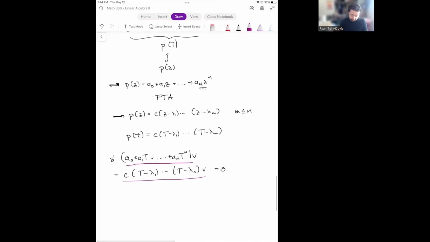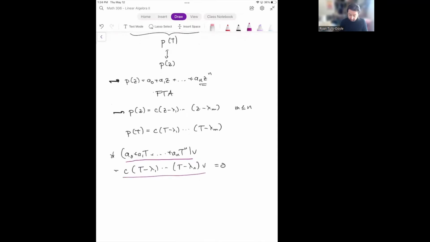Well, what does that mean? It means somewhere in this chain, at least one of these T minus lambdas applied to v produces the 0 vector. If we have a non-zero vector and we hit it with all of these operators, one of these things must send a non-zero vector to the 0 vector.